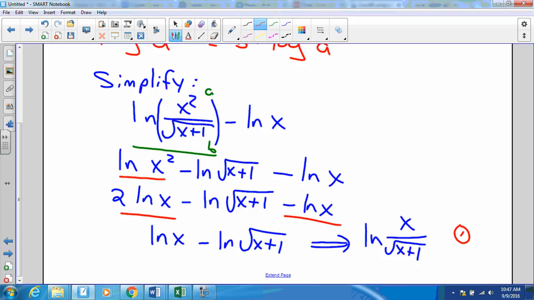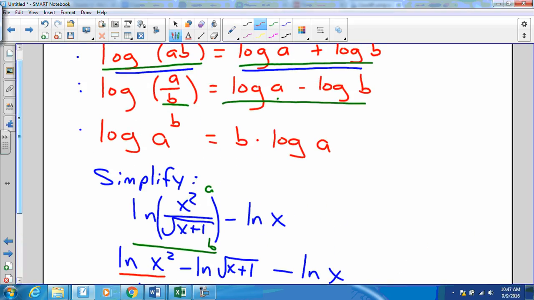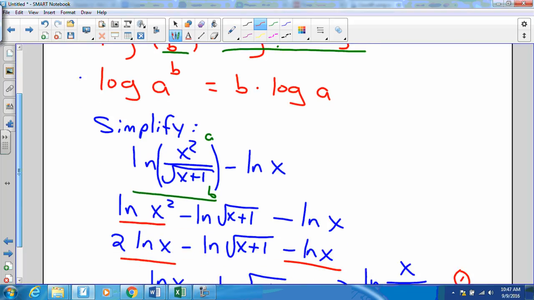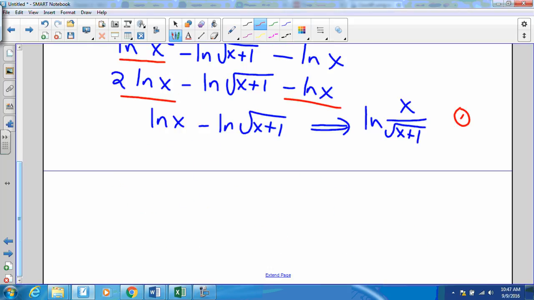Good. There is a second direction we could go also. Is a square root somehow related to one of my three forms here? What is another way to write the square root of x plus 1? ln of x plus 1 to the 1/2. Yes.